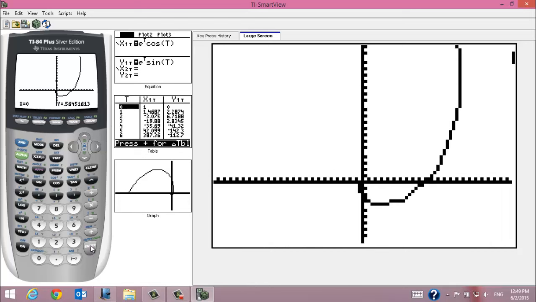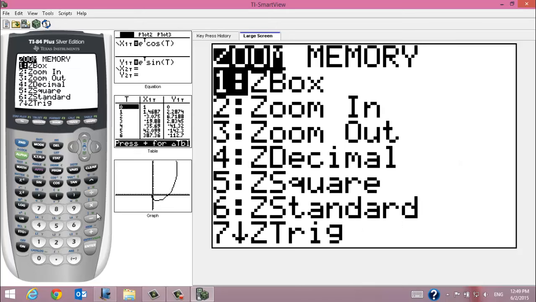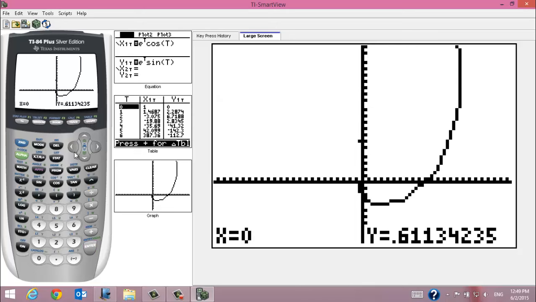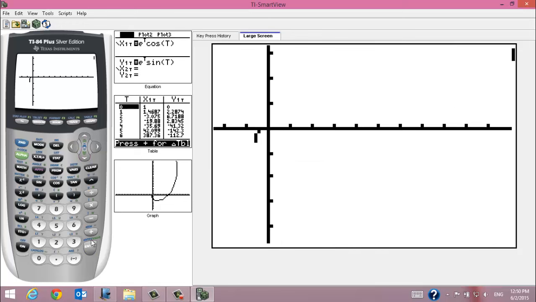So you're going to have the portion looks like this. You zoom in some more. You see here. Okay, so you go like this.